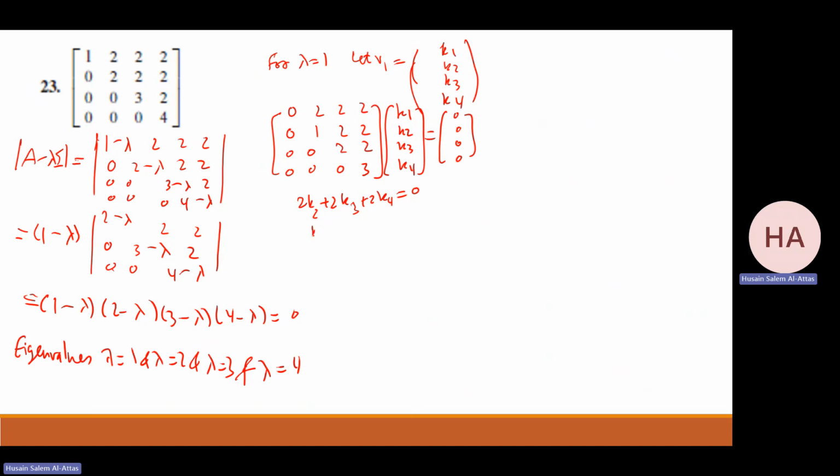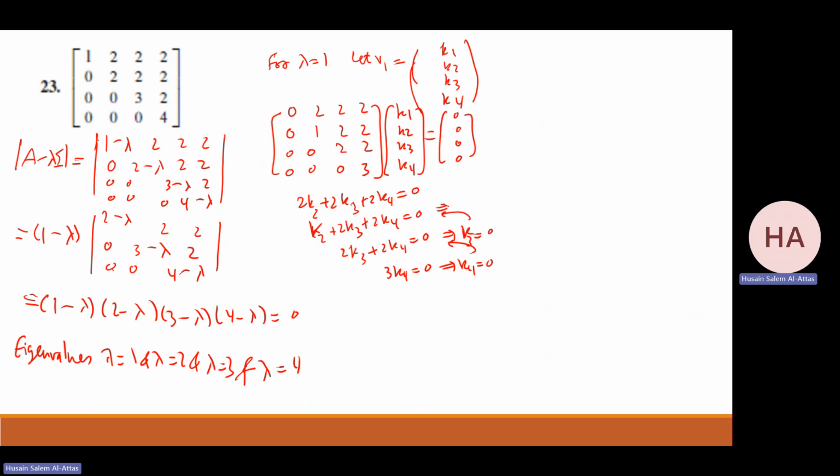Solve it the way you like. K2 plus 2K3 plus 2K4 equals 0. 2K3 plus 2K4 equals 0. 3K4 equals 0. So from here I have K4 equals 0. Plug it here, I'm getting K3 equals 0.